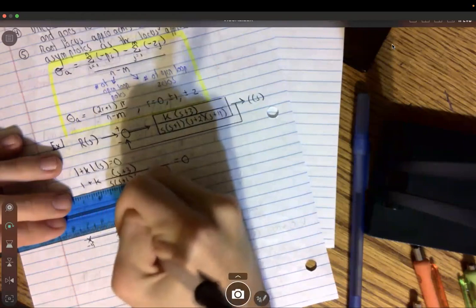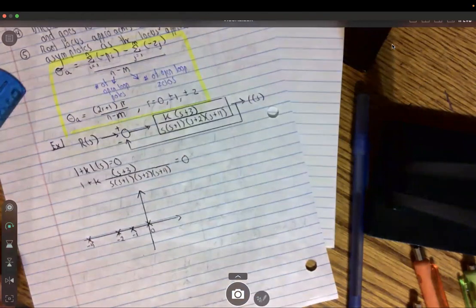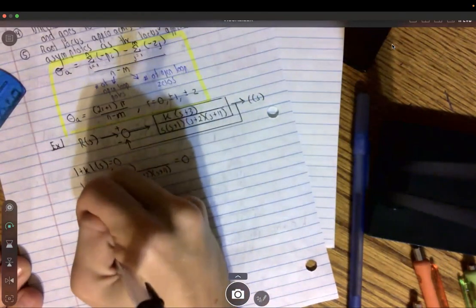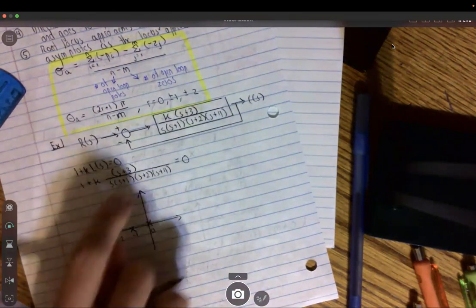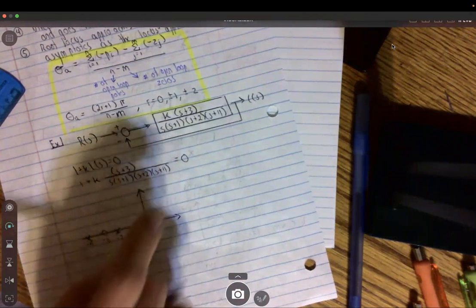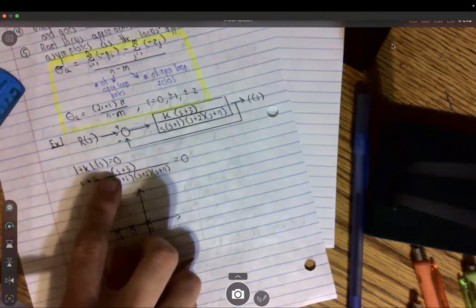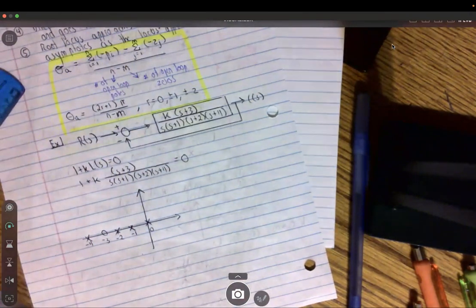So -4, -2, -1, 0. Okay, and we have a zero at -3. So that's what we were able to determine just from the start when we looked at here, and this is our preliminary analysis. And then we did all the plotting.